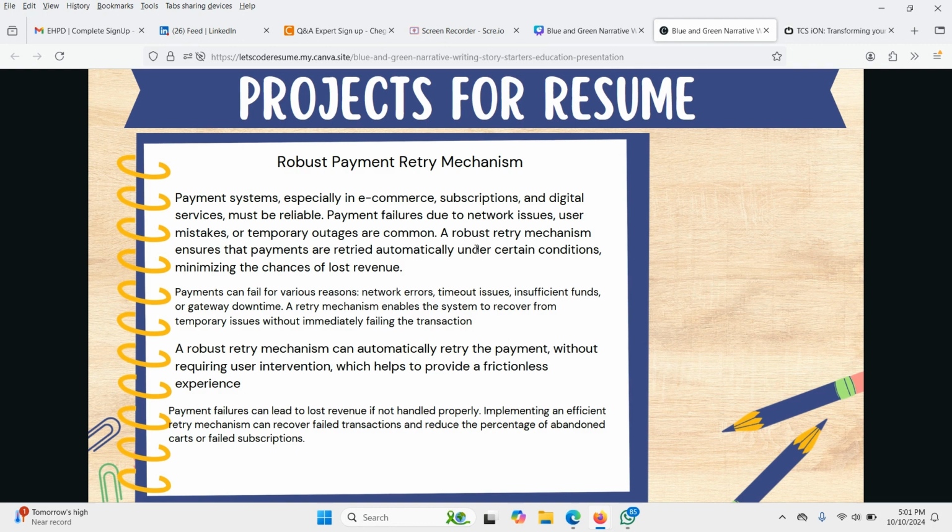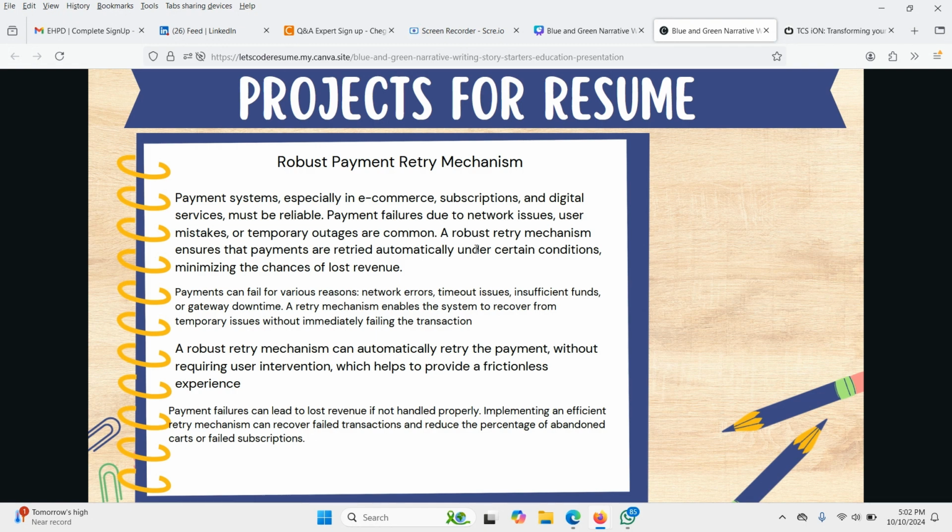So, while implementing this type of project, you gain experience in how you can handle payment transactions in every situation, whether there is a network issue, a user-side issue, or some other technical issue. So the interviewer will get an idea that you know how to handle this type of data and user flow easily.